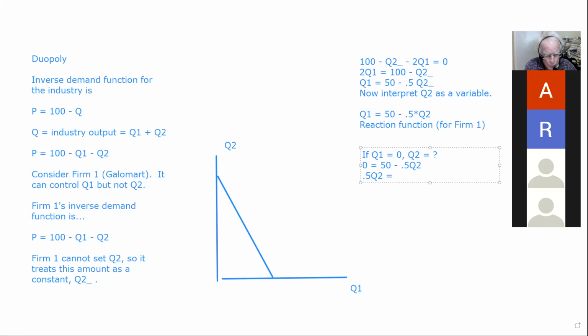So let us solve for Q2 by adding this term to both sides, and then solve explicitly for Q2 by dividing through by 1/2, or multiplying by 2. And there is the intercept on the vertical axis for the reaction function.